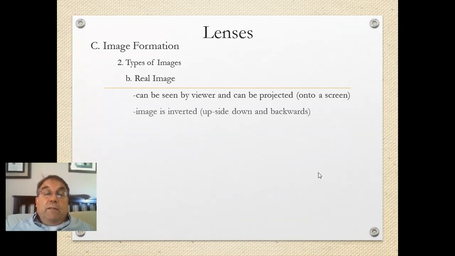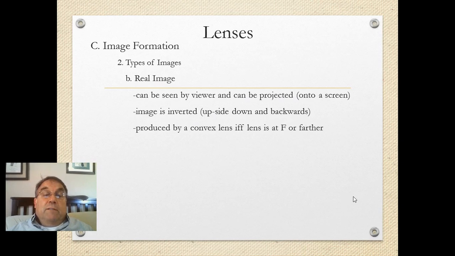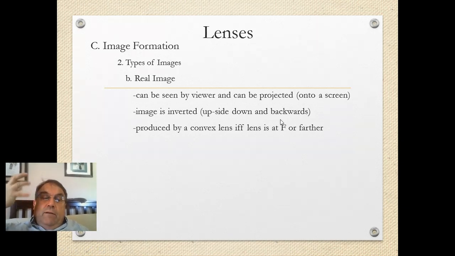The real hallmark of a real image, the reason it's called a real image, is that it can be projected. But it's also upside down and backwards. Okay. So when you see something, the image that's projected onto your retina is upside down and backwards, and then your brain has to turn it right side up and uninvert it.